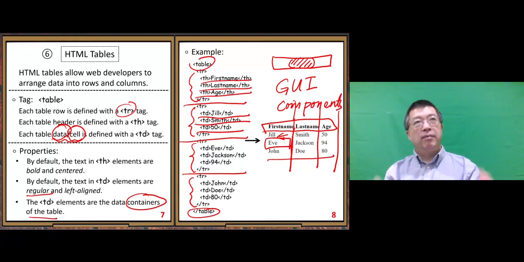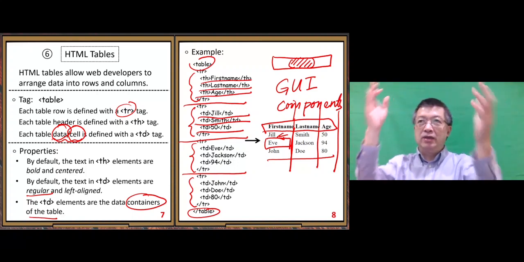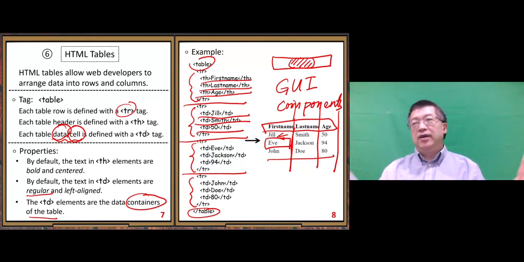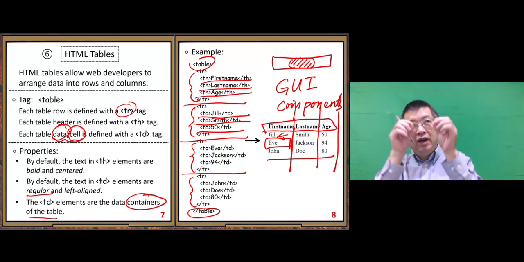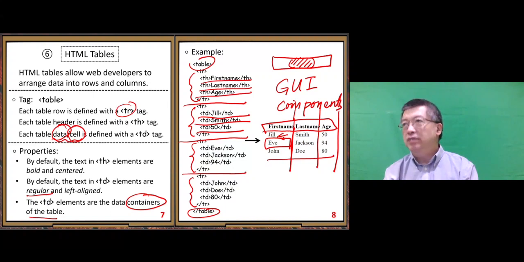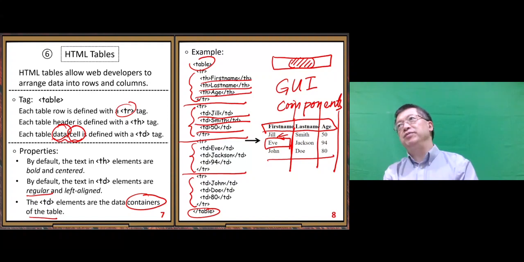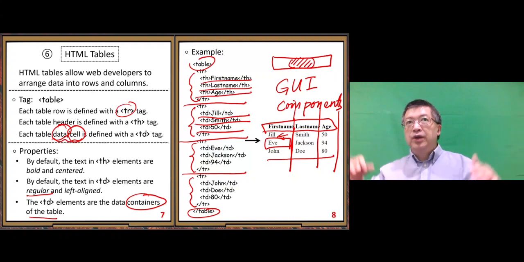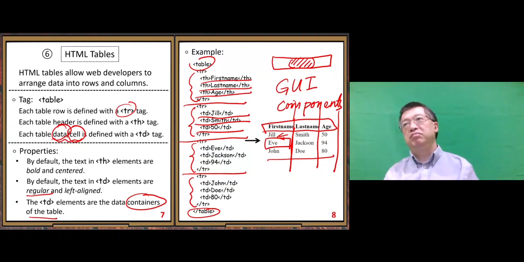What's that? Button, list, drop down list, radio button, all those different GUI components. So you can, using some special way, arrange them inside one cell even. So it's a container. So this property is very useful, because sometimes we may like to use a table to arrange different GUI components.